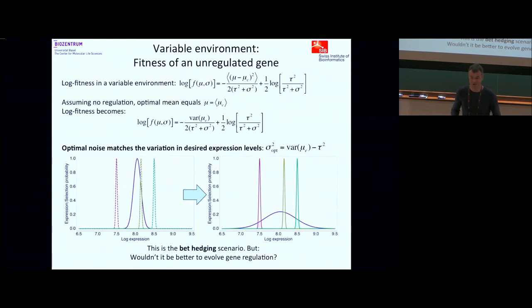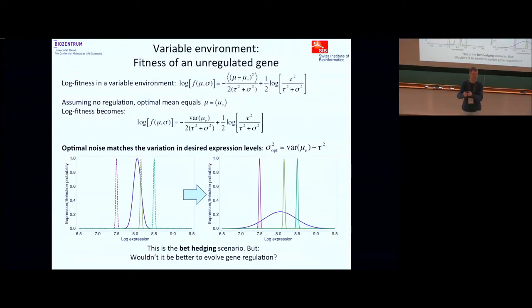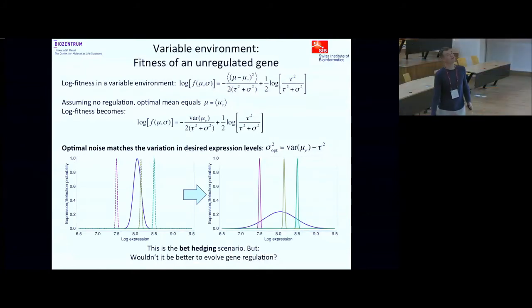It's basically saying your reproduction rate and survival rate is maximal when you express at some optimal level, and this reproduction rate lowers as your expression level goes away from this optimum. But as E. coli is experiencing different environments, this target level is changing in time. So for one time you have this target level, then you have that target level. So what you should think of is now you have a situation where, for some period of time the selection asked for this, then it asked for this, then it asked for that.